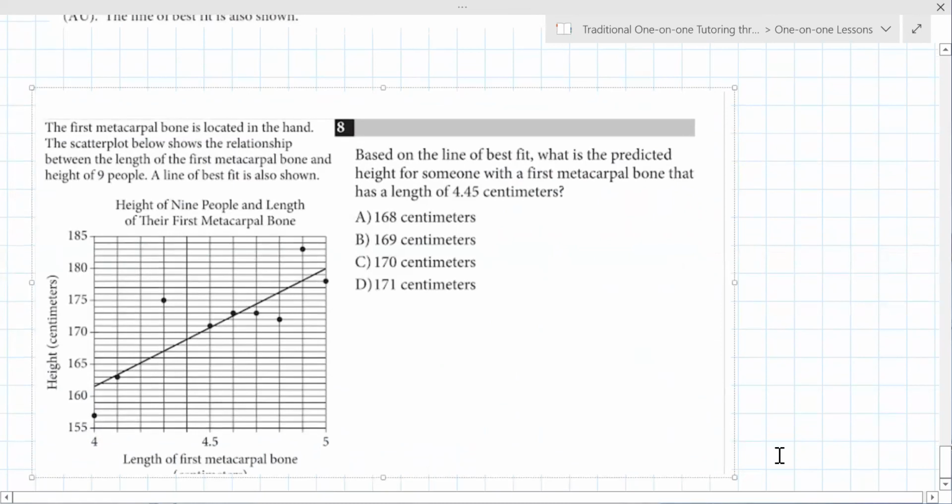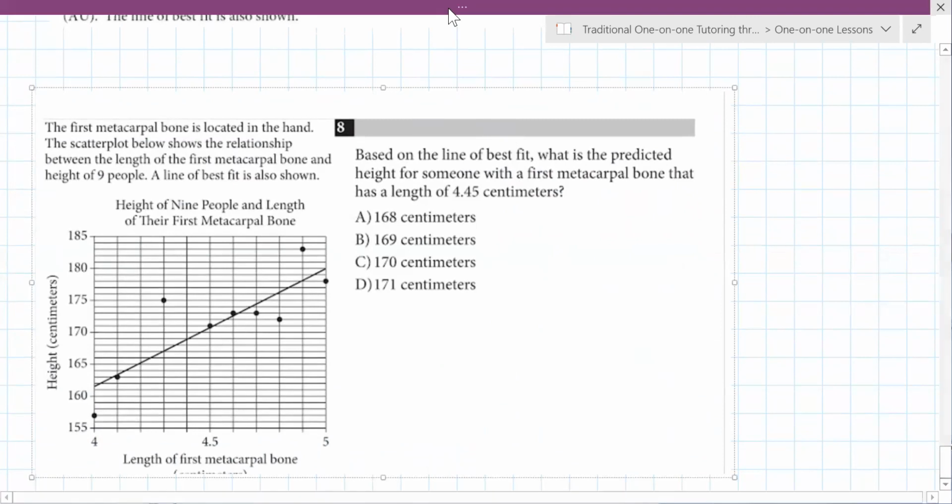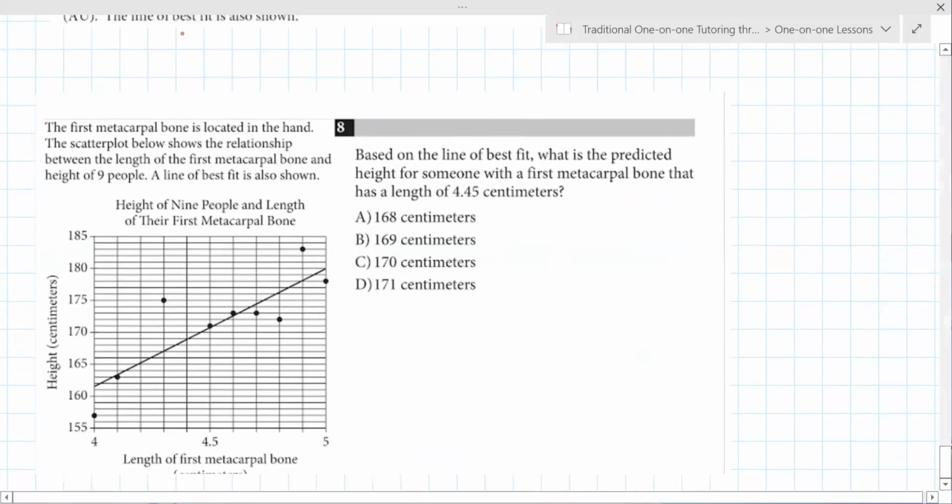Based on the line of best fit, what is the predicted height of someone with a first metacarpal bone that has a length of 4.45 centimeters? 4.45 is about 171. So D. So I think you're being dinged on this one.